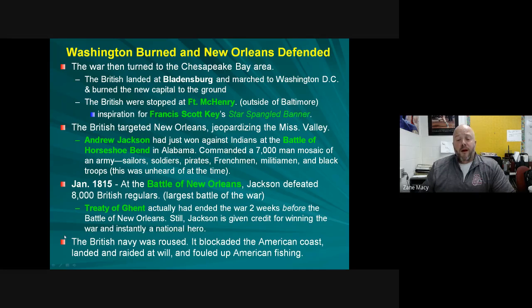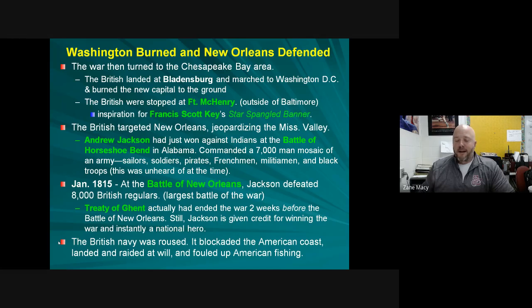Now, the British Navy really starts to get involved at this point. If they manage to block the American coast, if they use their Navy to land, this could be a big problem for the United States because they had the biggest, most powerful Navy in the world, and we still did not have much of a Navy to speak of.